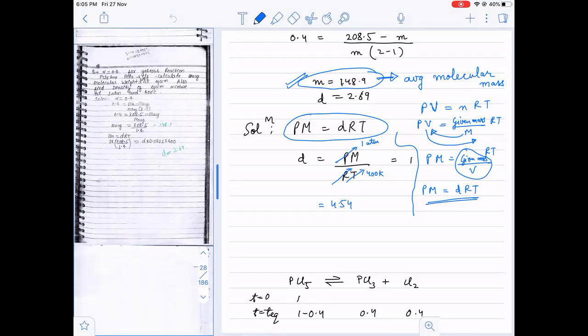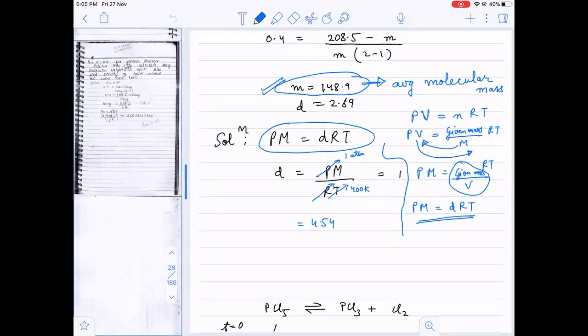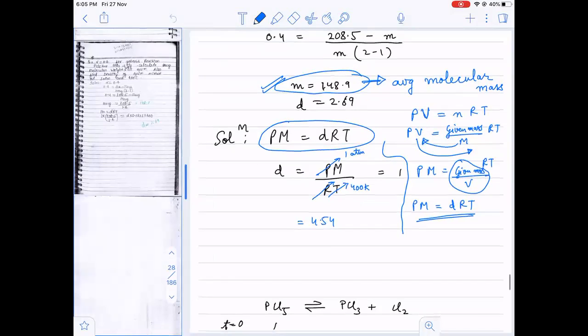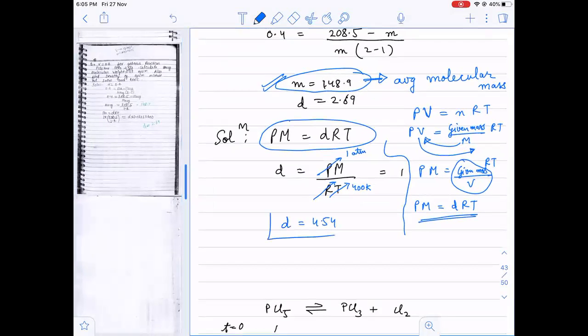I have calculated the answer wrongly. It is coming to be 4.54. D is 4.54. That's it. Let's move to a different concept now.